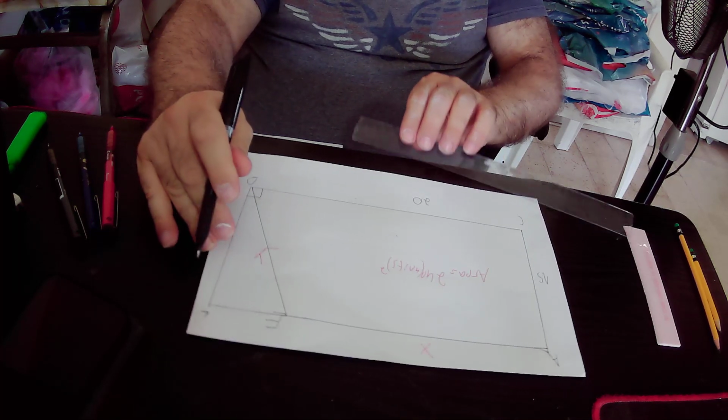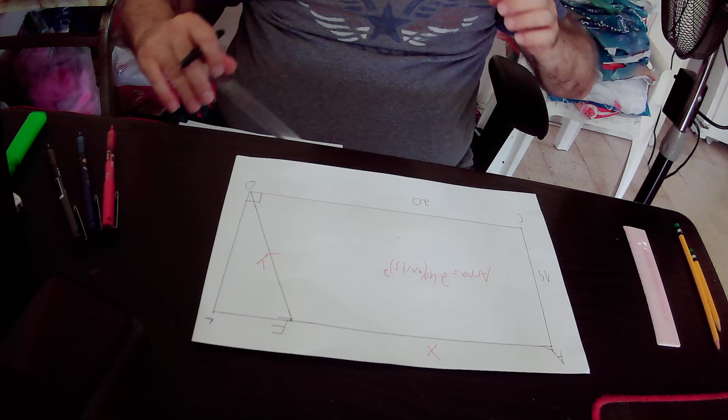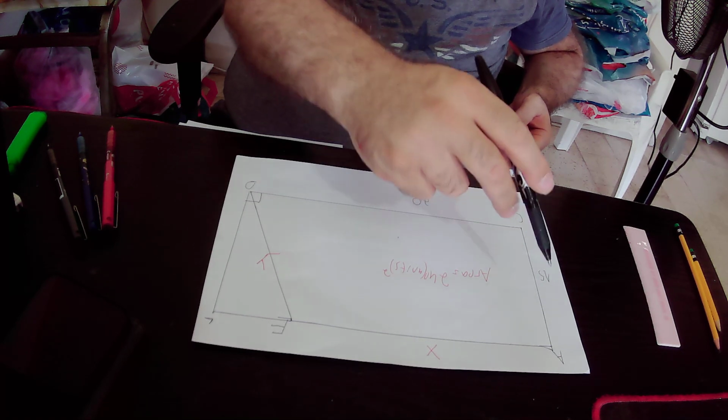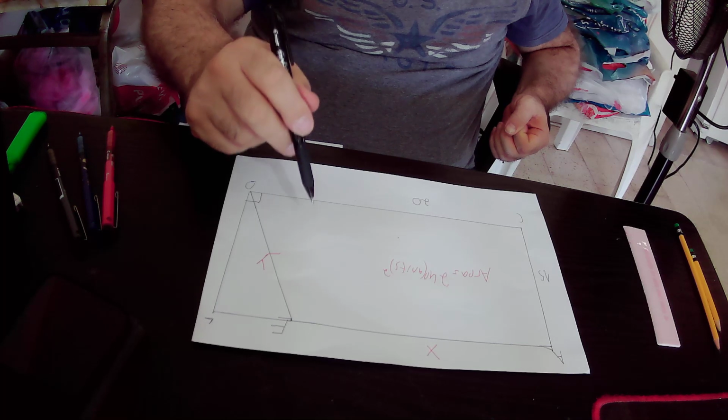Actually we created a rectangle here, because ALCD is a rectangle.